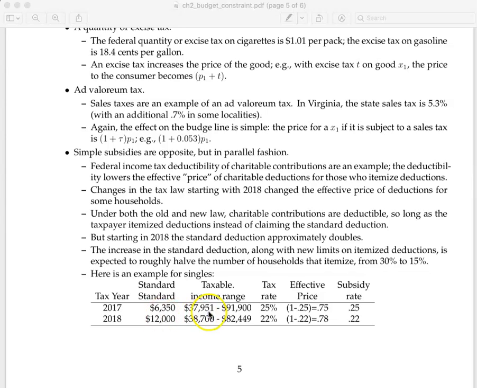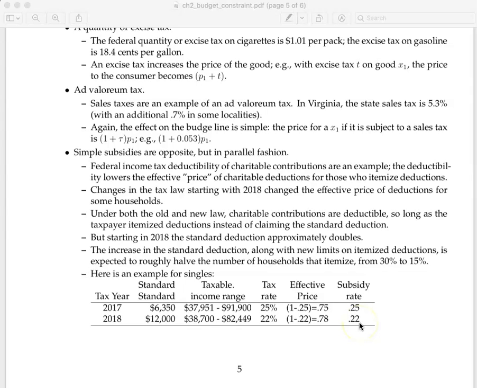Well, notice, and this is again for singles, there's a taxable income range. Given that the tax rate declined somewhat, the effective subsidy declined, right? The subsidy for charitable deductions decreased the price to 0.75 effective dollars per dollar contribution, so a subsidy rate of 0.25. Well, in 2018, the tax rate changes, so the subsidy rate is a little bit different.